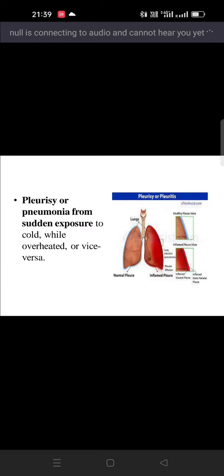Another symptom, pleurisy and pneumonia from sudden exposure to the cold while overheated or vice versa. Means either काफी ज़्यादा heat हो जाए या काफी ज़्यादा cold हो जाए, the patient is having pleurisy or pneumonia.